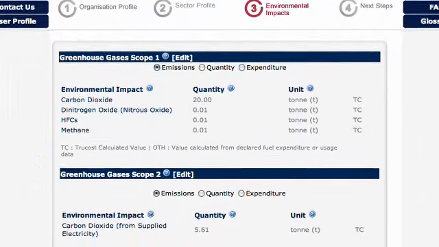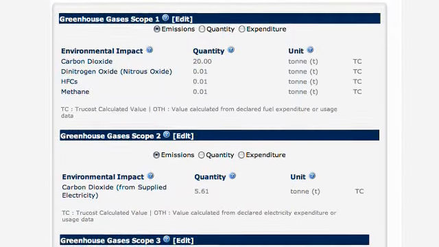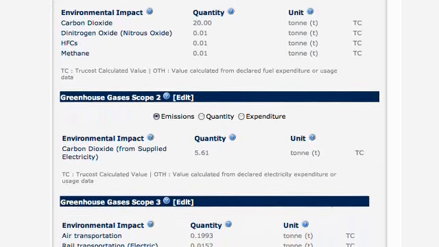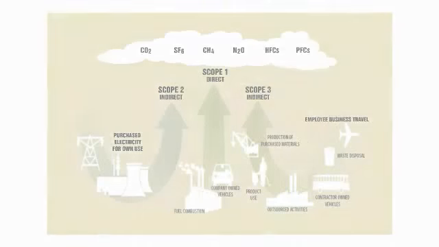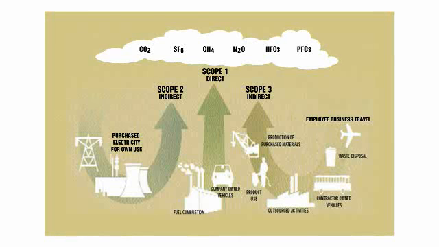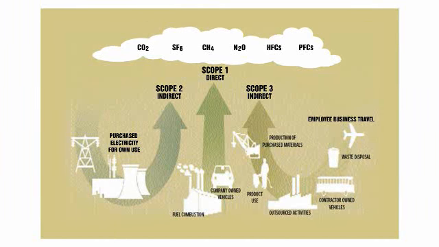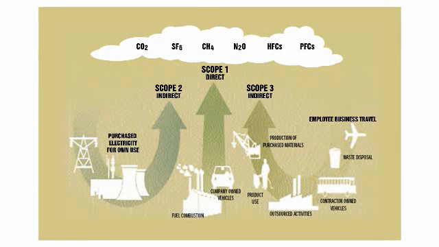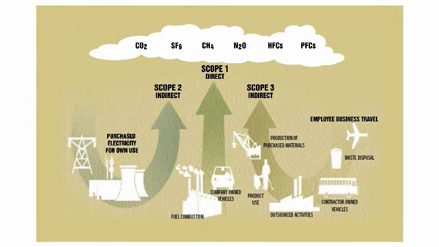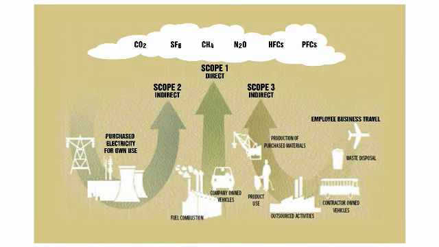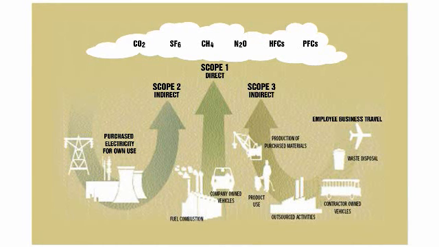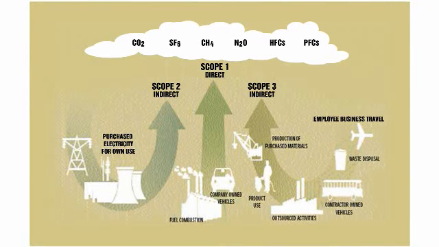To help you understand what we're doing, we need to start by describing how businesses impact the environment. This picture illustrates how a business's operations impact the environment and the different sources of these impacts. The Greenhouse Gas Protocol is the international standard for reporting GHG emissions, and it splits emissions into 3 scopes.